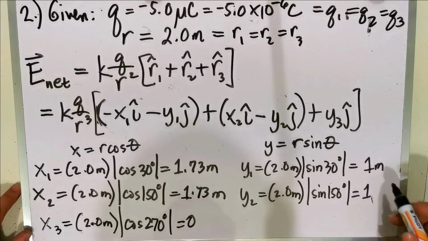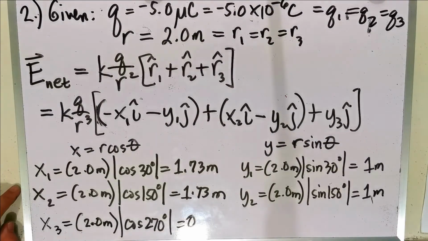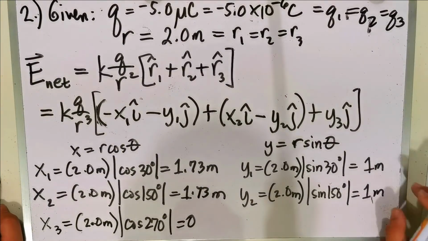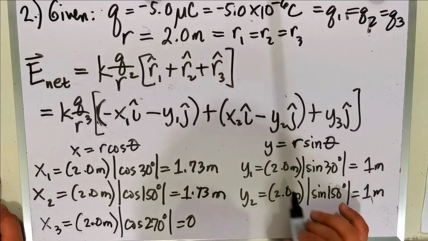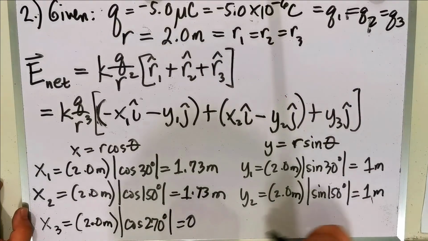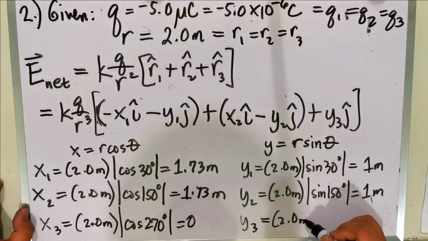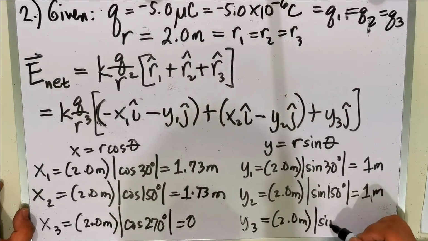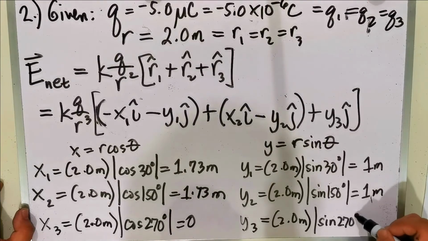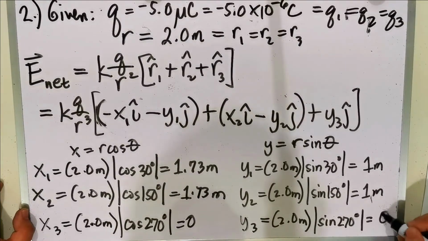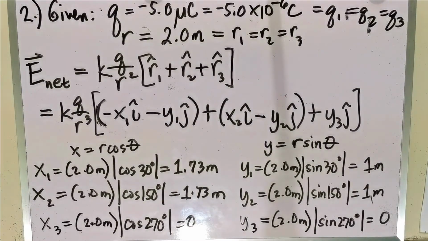So parehara ang value sa imong sine 30 ug sine 150, which is the same na, or 0.5. So times 2, you have 1 meter and 1 meter. And for y3, this is simply 2.0 meter, absolute value of sine 270 degrees. And this is equal to 0 ang answer.